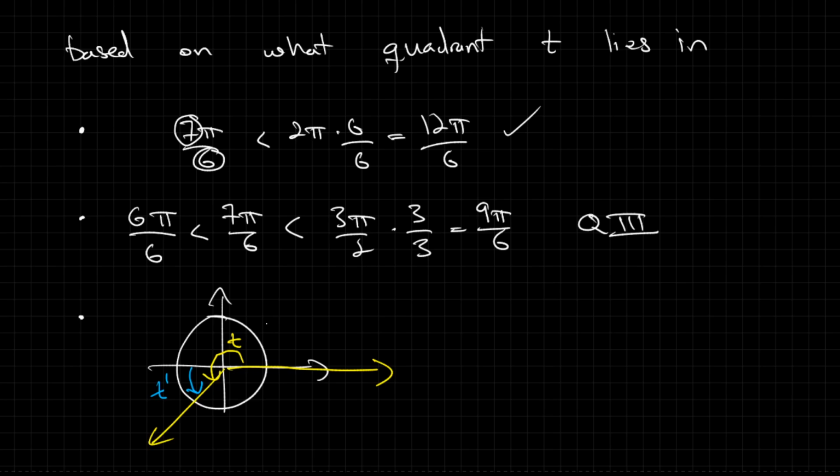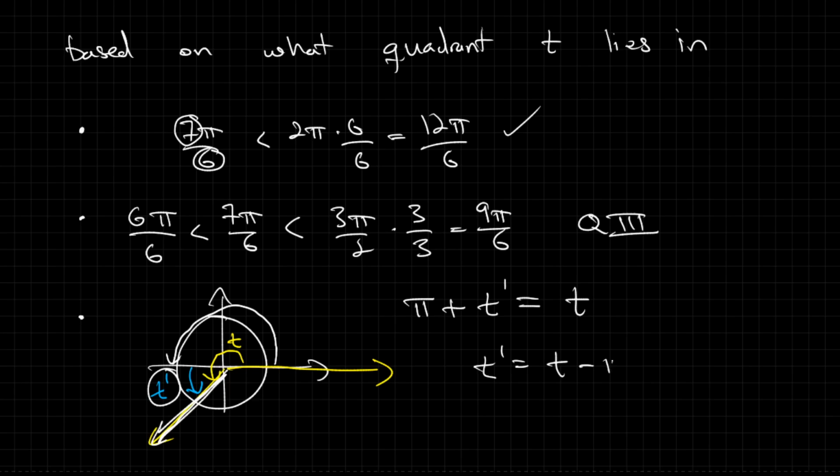In order to develop an equation for the reference angle, I note that if I go around by pi, and then I go further a little bit more by the reference angle, I get to the terminal side of t. And so the reference angle, t prime, would be t minus pi.